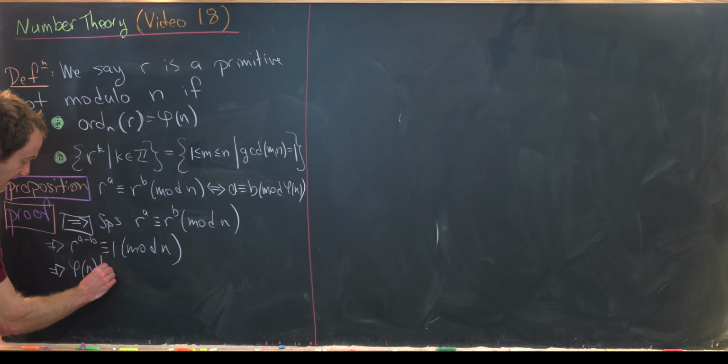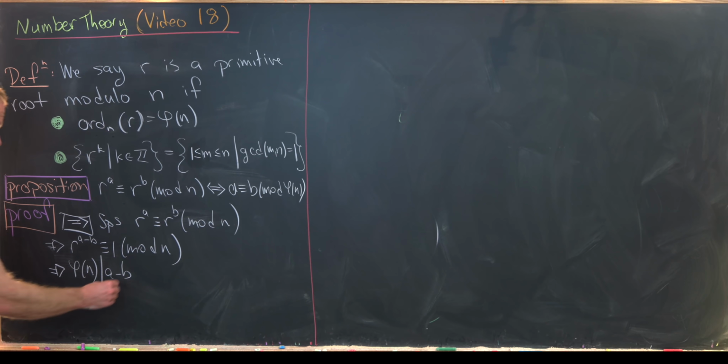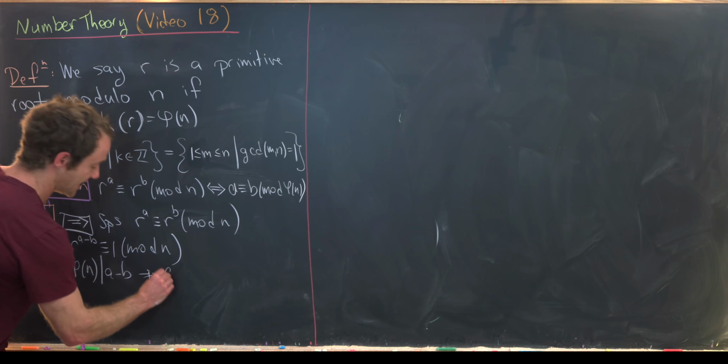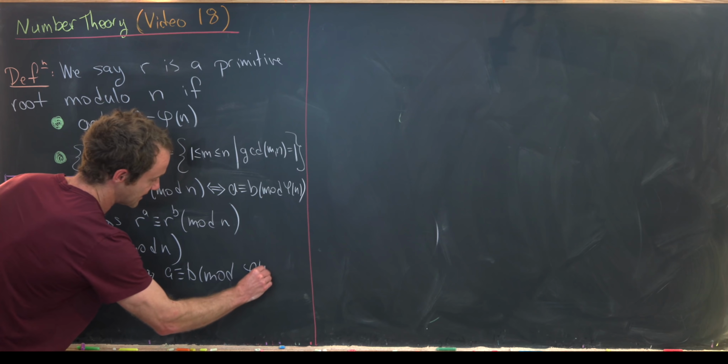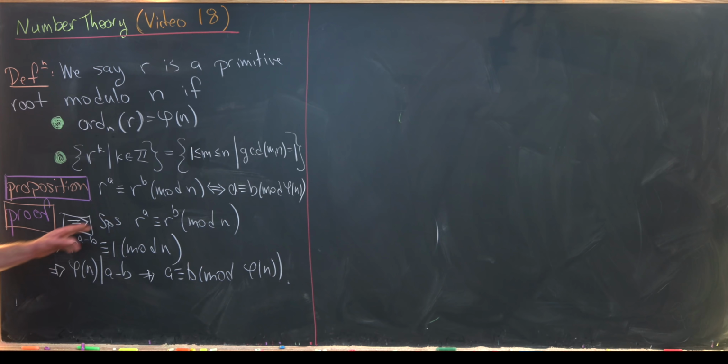So we know phi of n divides A minus B. But that's equivalent to saying that A is congruent to B modulo phi of n. Okay, so that's how the proof of that forward direction goes.